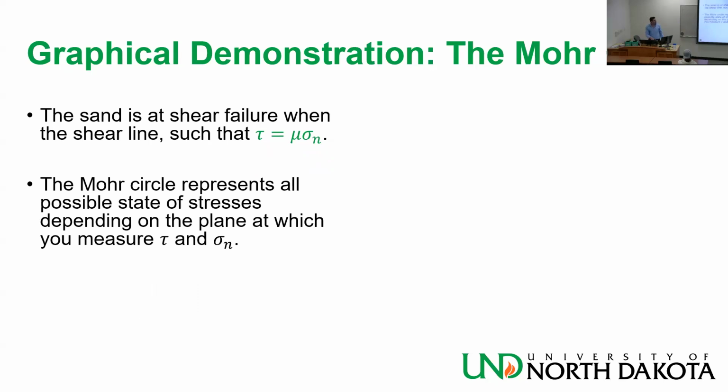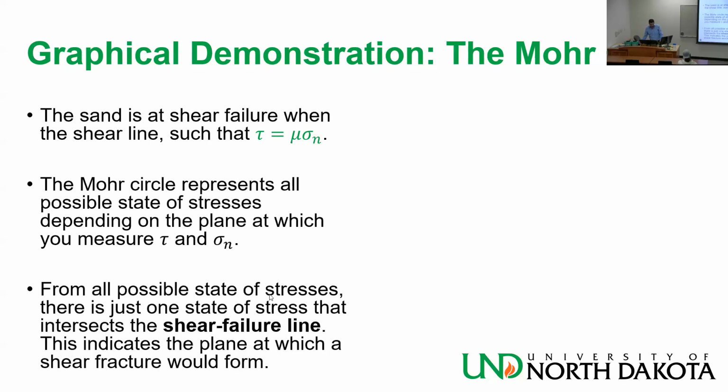This mu, the Greek letter mu, would be m, the slope. The Mohr circle represents all possible states of stress, depending on the plane at which you measure tau and sigma n, the normal stress, from all possible states of stress that intersect the shear failure line, which I'm going to show you.